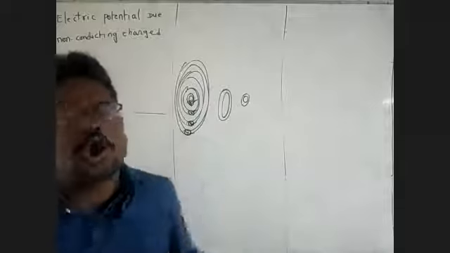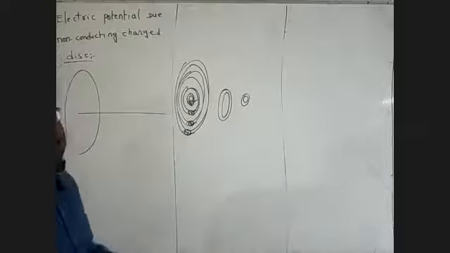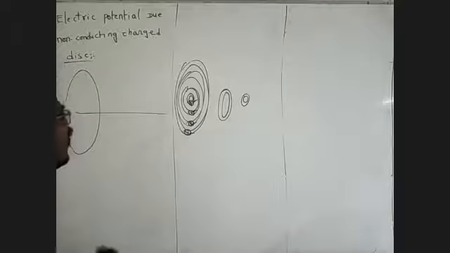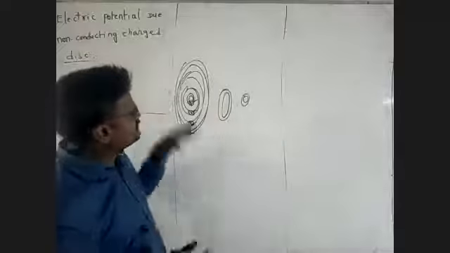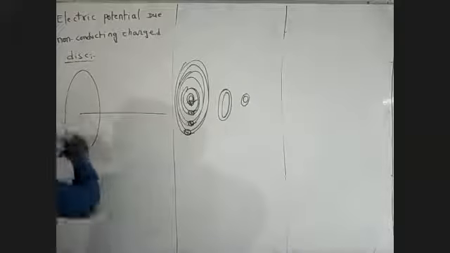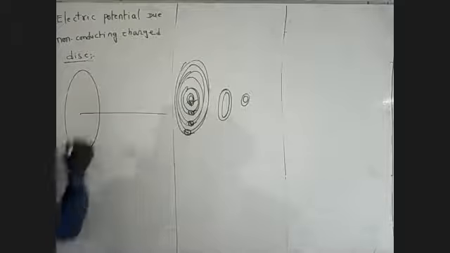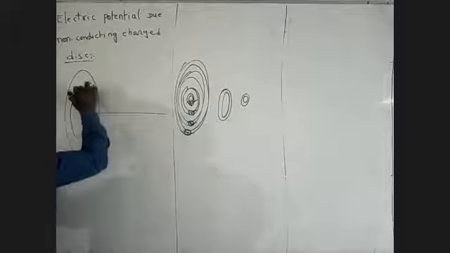Why are we going to divide this into small elements? You see, we can divide the disk into a number of concentric circles. I'm taking one concentric circle.